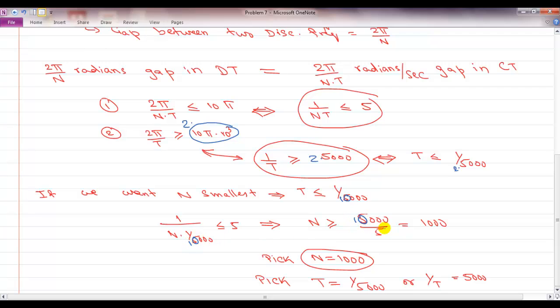And that will be 2,000 then. So my n is actually 2,000 and T is 1 over 10,000, or 1 over T is 10,000. So I made an error at the Nyquist criterion, the aliasing, and that's why my sampling frequency was coming out to be the same as the maximum bandwidth, which is of course an error, because my sampling frequency needs to be at least twice the maximum bandwidth.